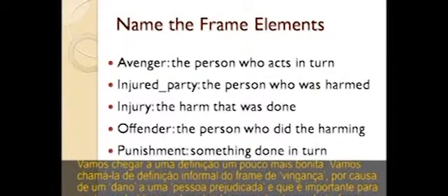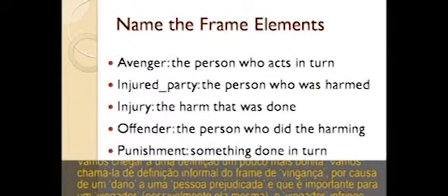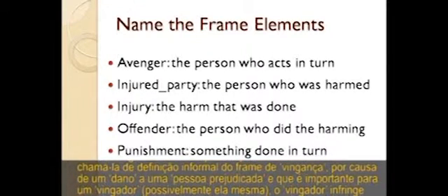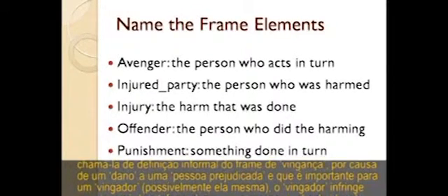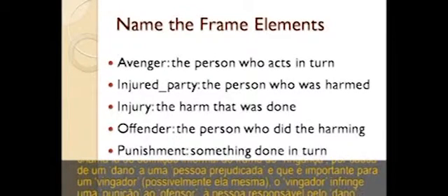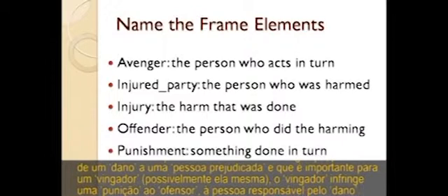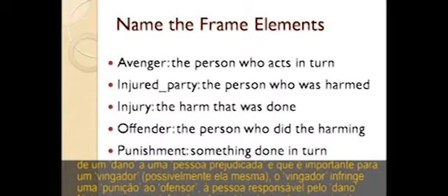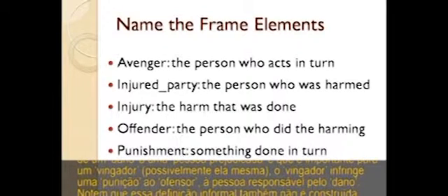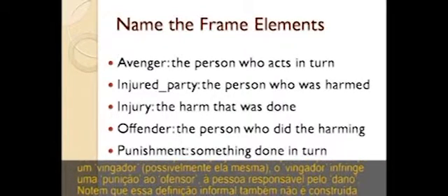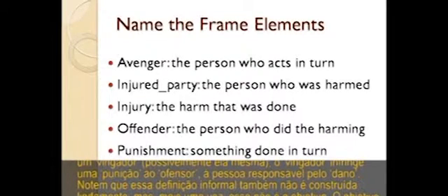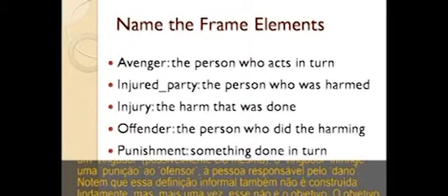Now let's name the frame elements. I hinted at what they might be in my informal definition, and of course in crafting my informal definition, I'm thinking about what these participants are doing and what kinds of words might help me remember who they are and what they're doing, right? So let's identify the person who acts in turn as the avenger.